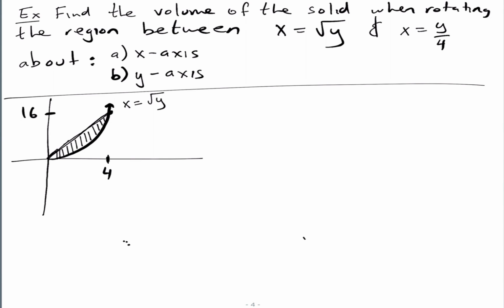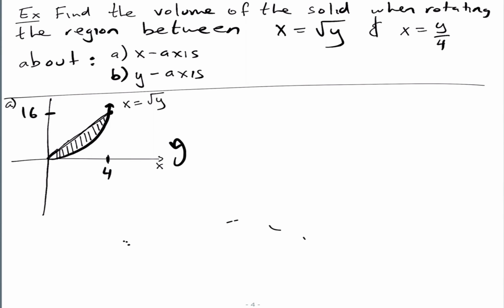And so now I'm going to rotate it about the x-axis. So we're going to do part A here. So all right, what does this look like? What I would do is, whatever you're rotating it about, treat it like a mirror image. Pretend the x-axis is a mirror, and then just reflect.